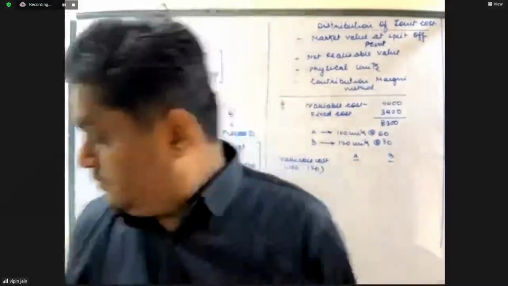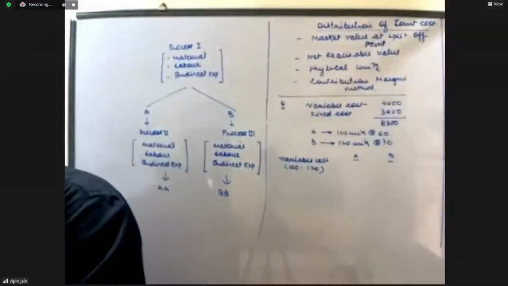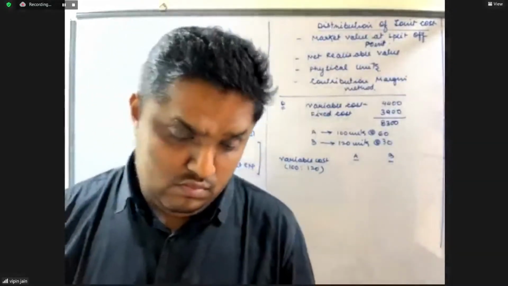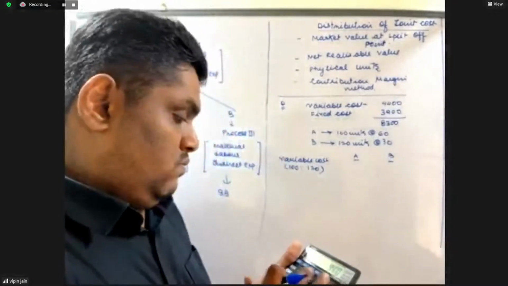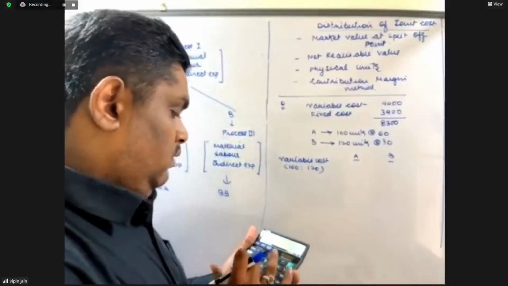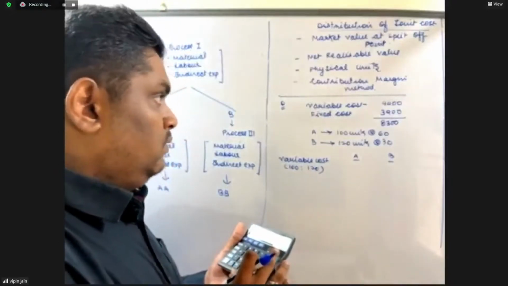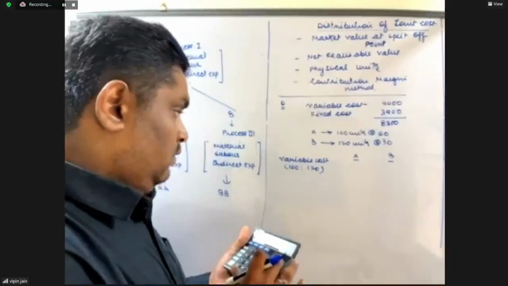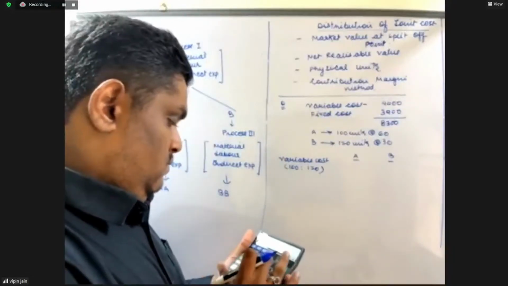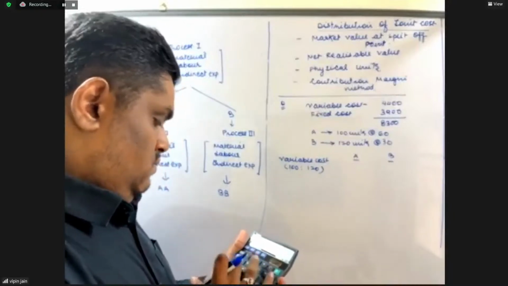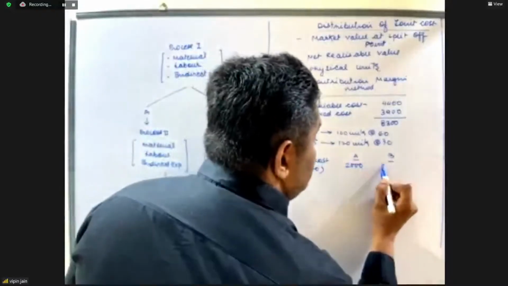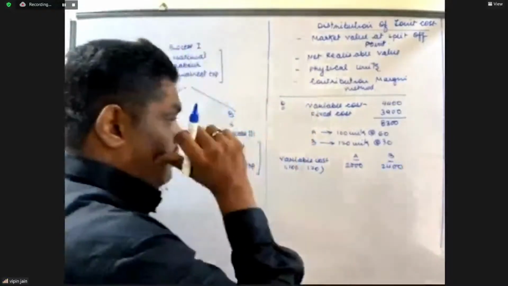So the variable cost as distributed will be 2,000 and 2,400.